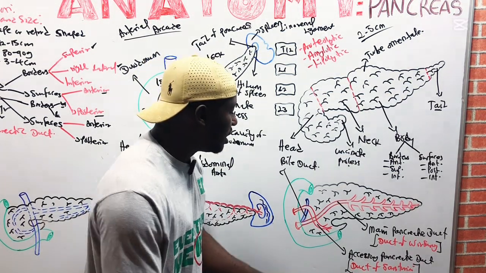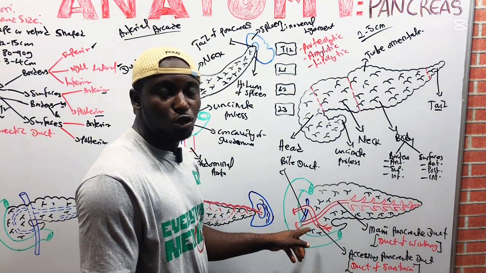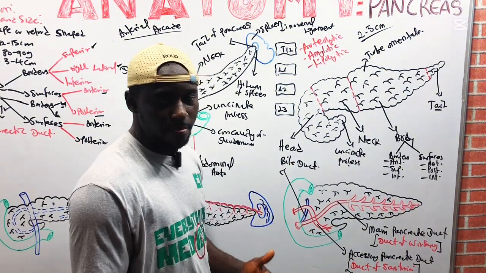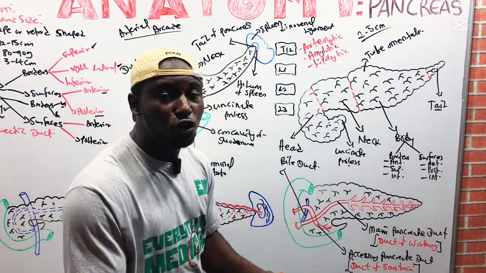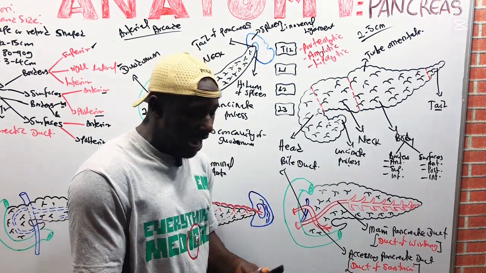At the level of the second part of the duodenum, it joins with the bile duct to form the hepatopancreatic ampulla, which opens into a narrow opening called the major duodenal papilla, right?